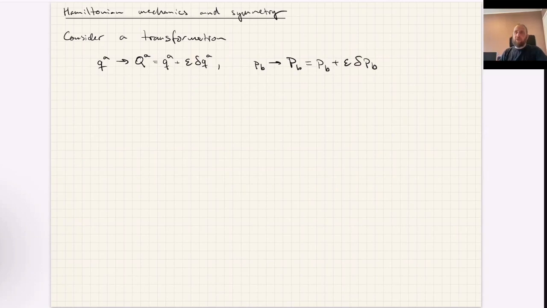So what does it mean for such a transformation to be canonical? Well, it means that the Poisson bracket is preserved.